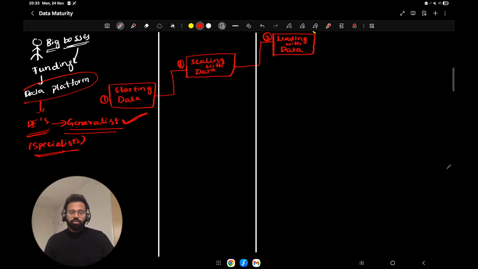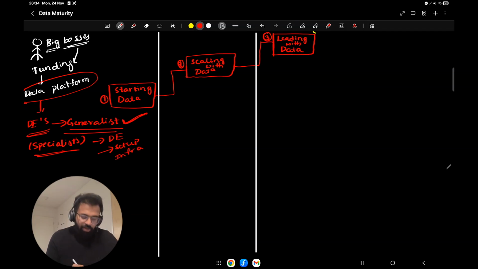A generalist has different skills, because when you are initially setting up the data platform, when you get the funding from the big bosses and you are setting up the data platform in stage one, you are starting with data. So you need people who can work on many different things. One has to do data engineering, one has to set up infrastructure.